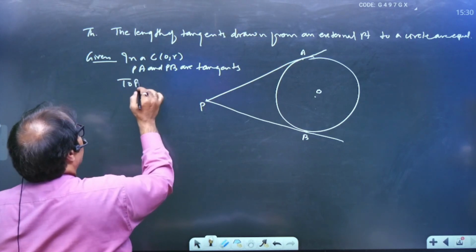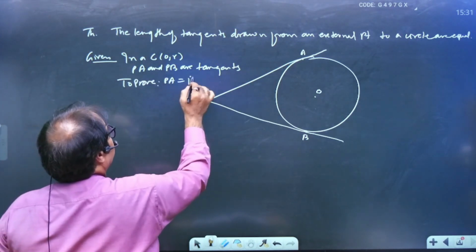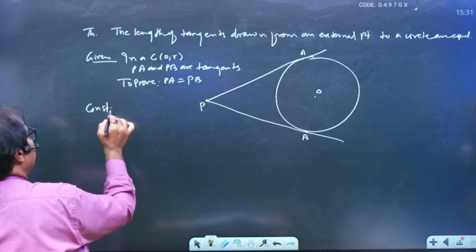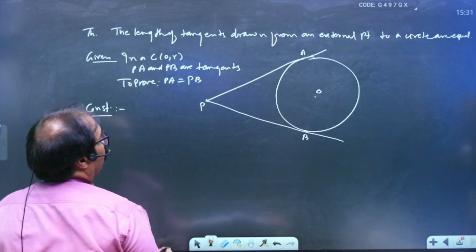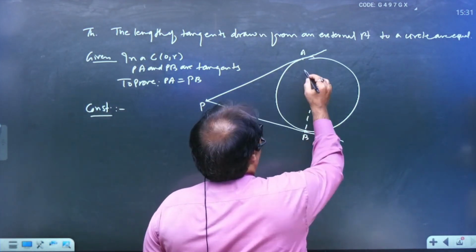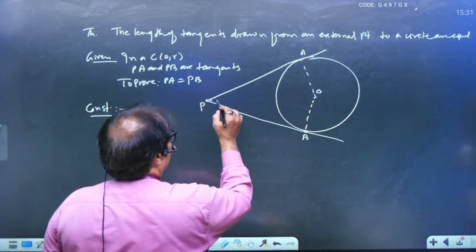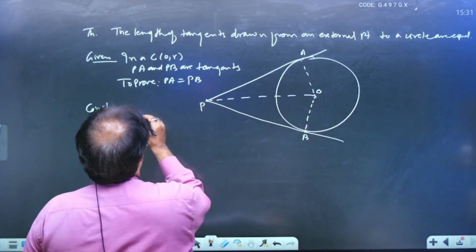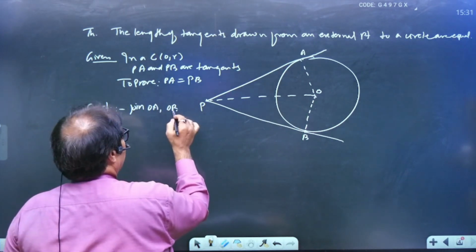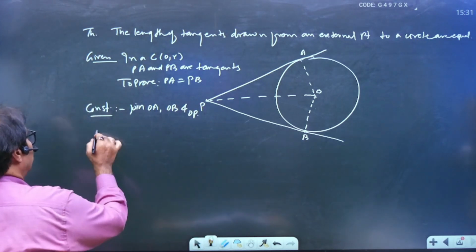To prove: PA is equal to PB. Now some construction is required here. We will join the center to the points of contact and to P. So join OA, OB and OP.